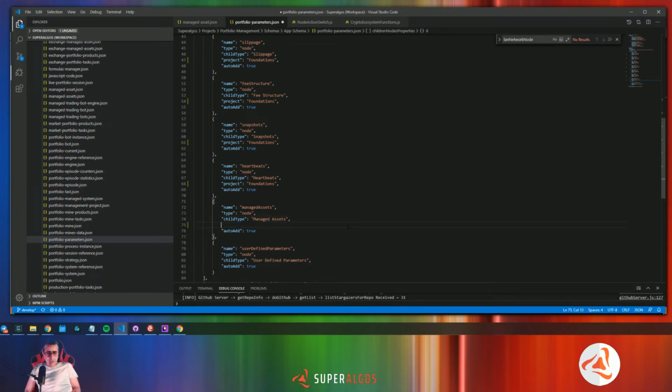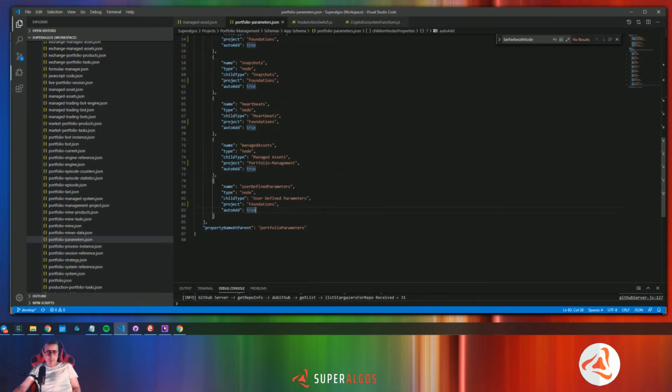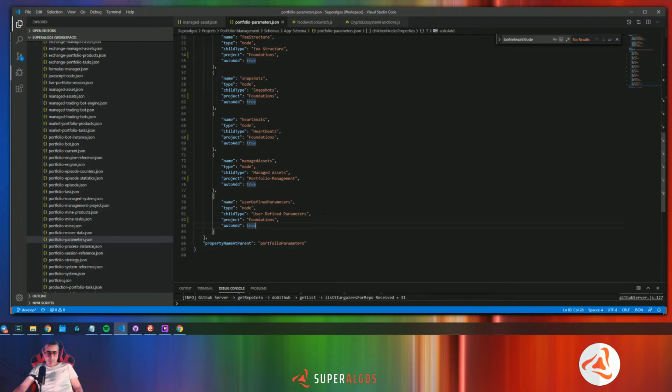Manage assets. This would be portfolio management. But this other one would be foundations. Okay?